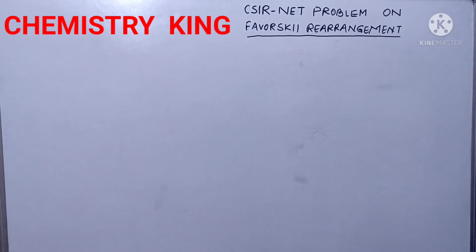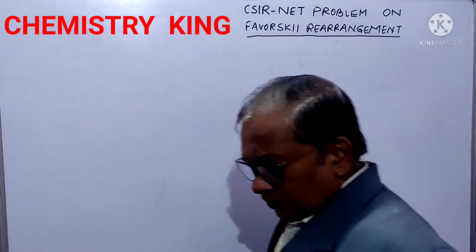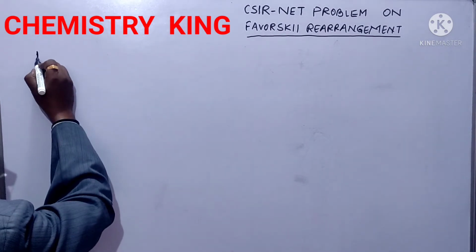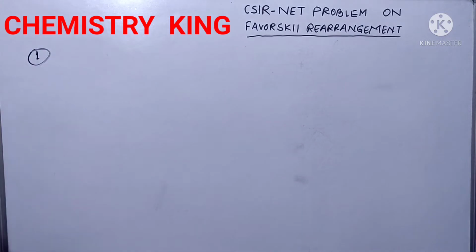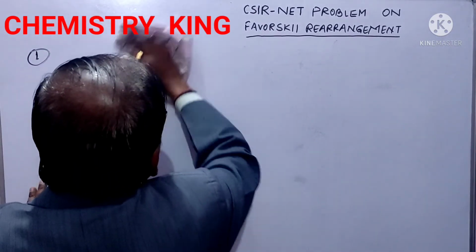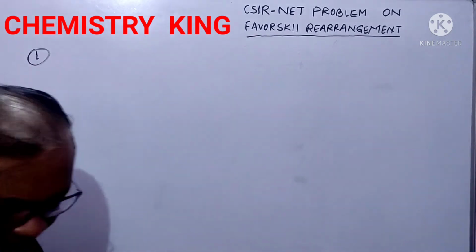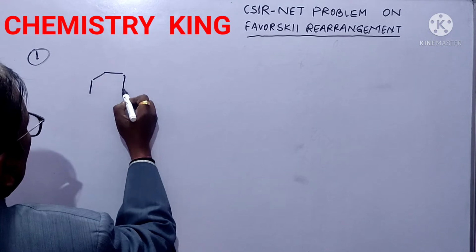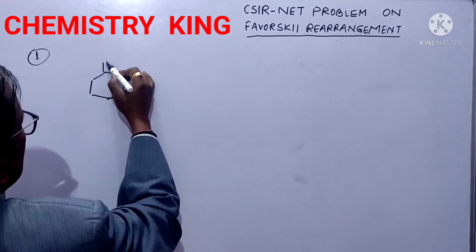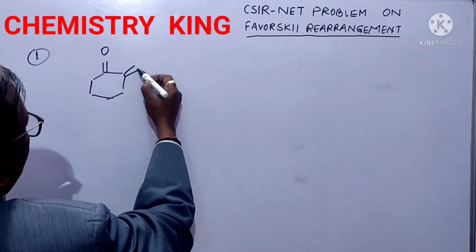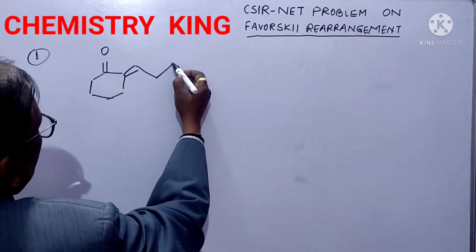Now we will discuss several problems on Favorski rearrangement. It is first. Okay. Cyclohexanone and here Br.